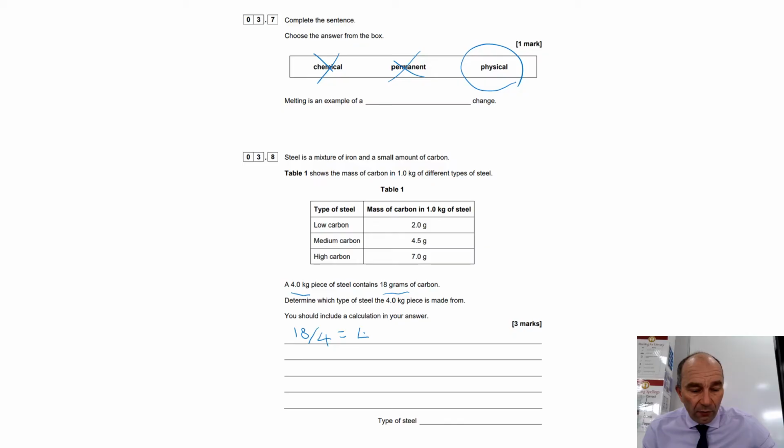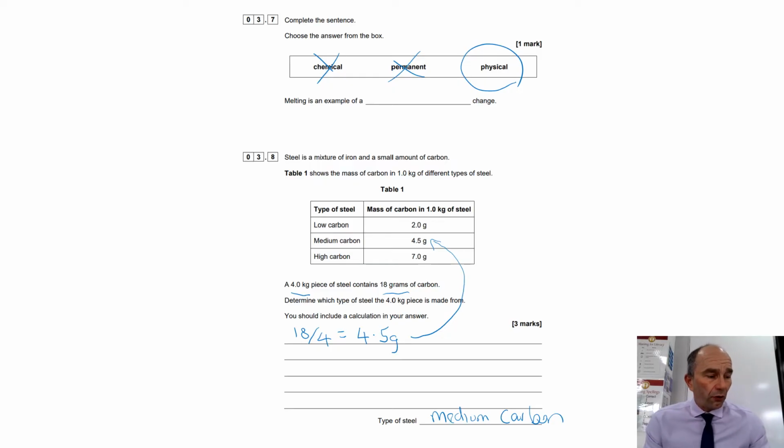That would give you 4.5 grams per kilogram. If you look at the table, you've got 4.5 grams in our medium carbon, and we need to write that in as our answer. So medium carbon, that has got us 3 marks, as simple as that.